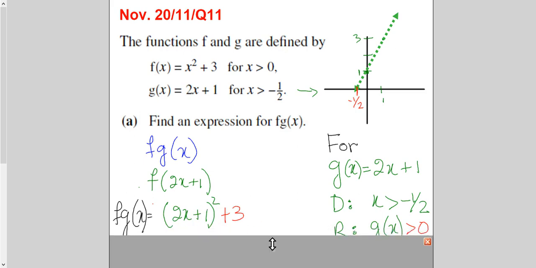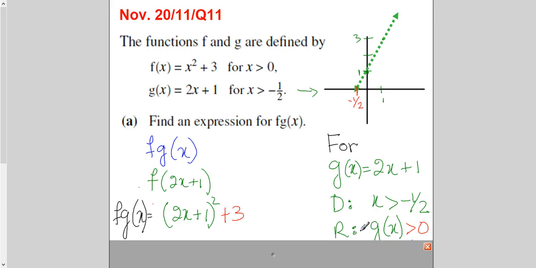For function g, the domain is given as x greater than -12, and the range is greater than 0. You can see it from here also. It's a linear function, so you can plug in values and figure it out without even drawing this sketch. So the values of y for function g are greater than 0.